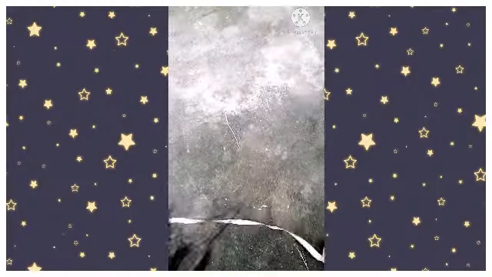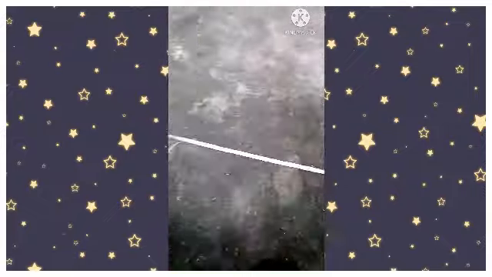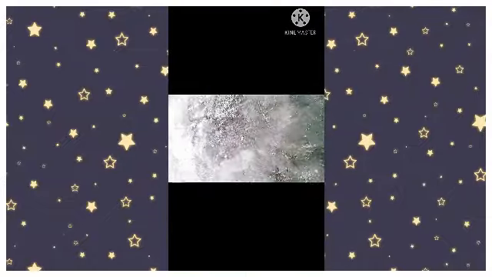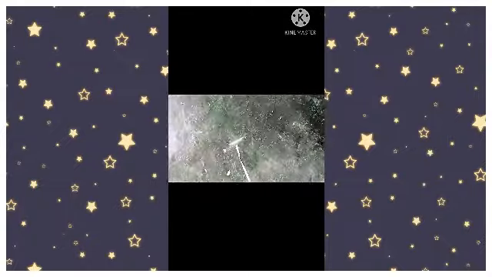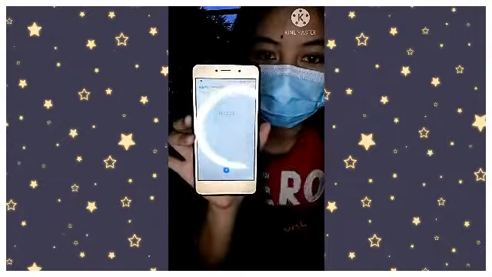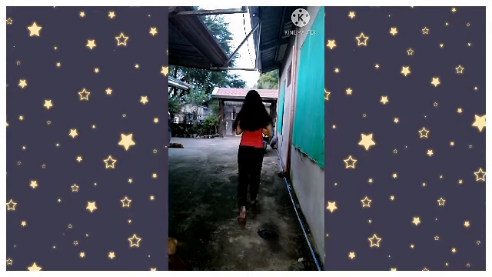Using a tape measure, measure a 10 meter straight distance and mark the starting point and end point. From the starting point, walk until you reach the end point.